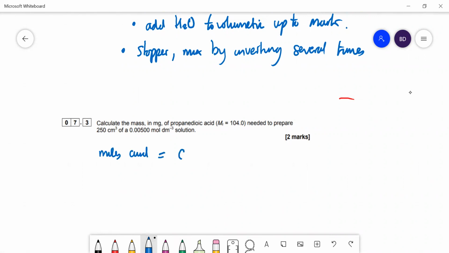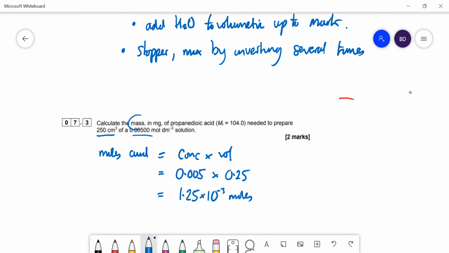Well, that's going to be the concentration multiplied by the volume. The concentration is that. The volume was 250. That's equal to 0.25 dm cubed. Of course, that needs to be in dm cubed. Standard form, that gives us 1.25 times 10 to the minus 3 moles.